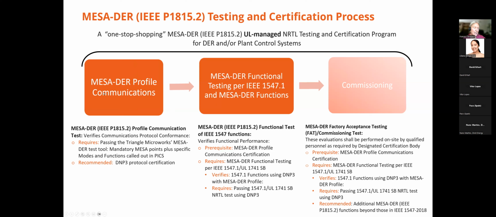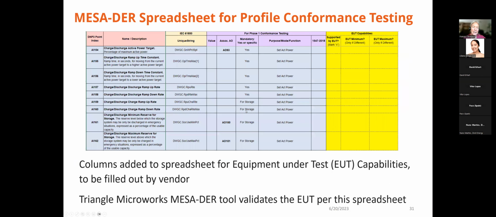So we recognize there'll need to be first profiling, communications testing, and then the functional testing. There are a lot of details in that as well. We had a workshop that went through the details of the testing and certification process. So this is strictly an overview of that.